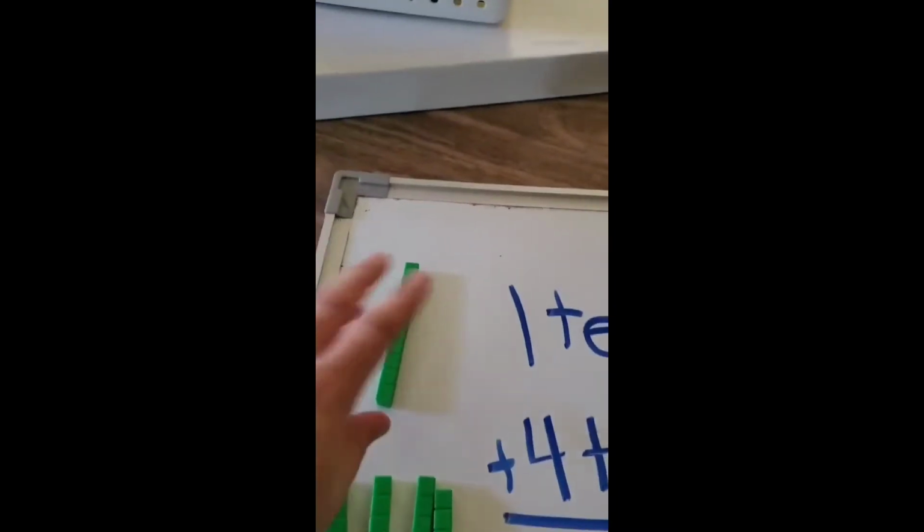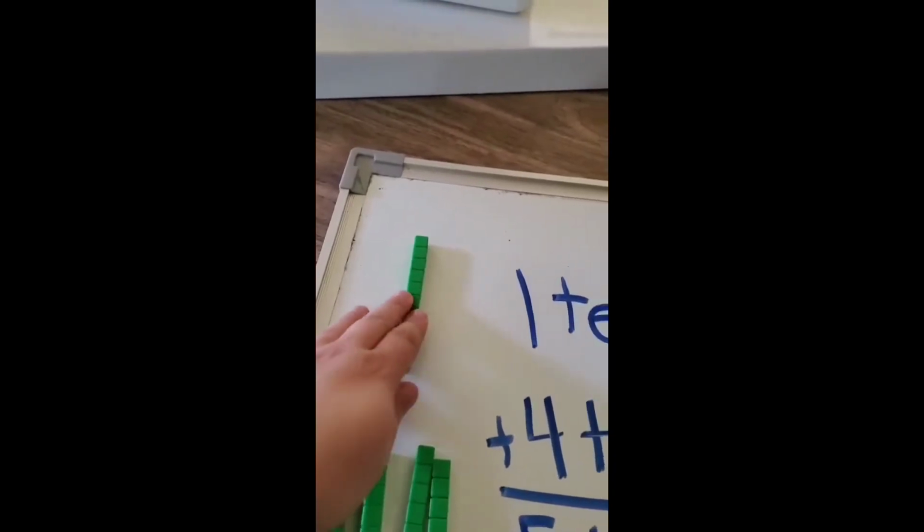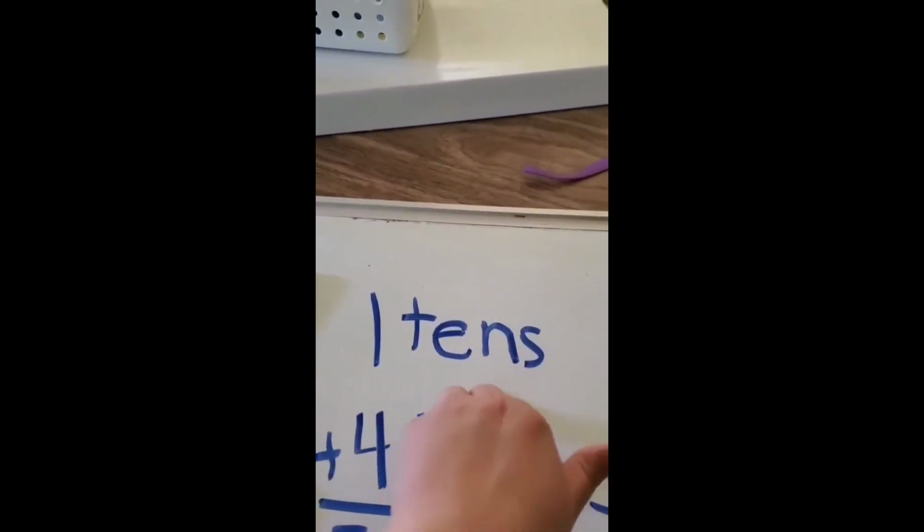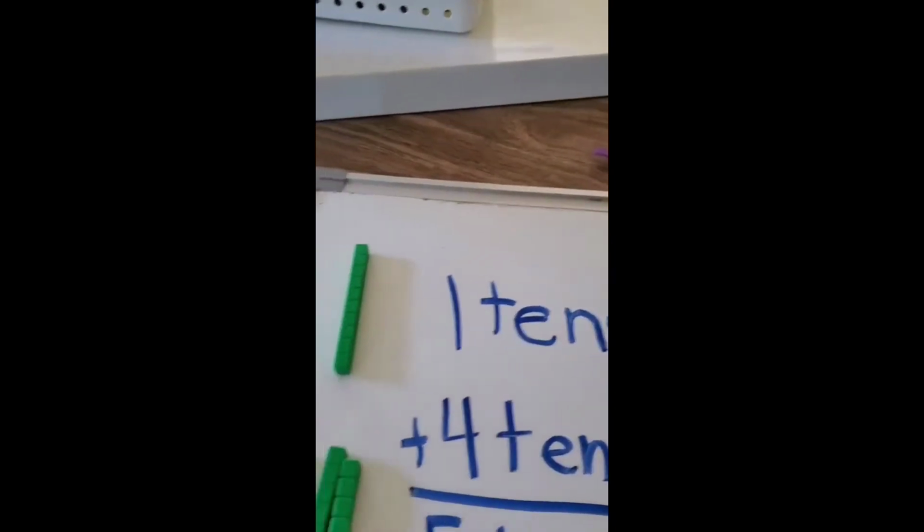Pause this video right now, add those 2 numbers up and write your answer, because that's the next step in solving our problem. All right, so now that you've written your answer, let's check using our rods. Okay, so we have 1 rod that's equal to 1 lap, and that is 1 ten, right?